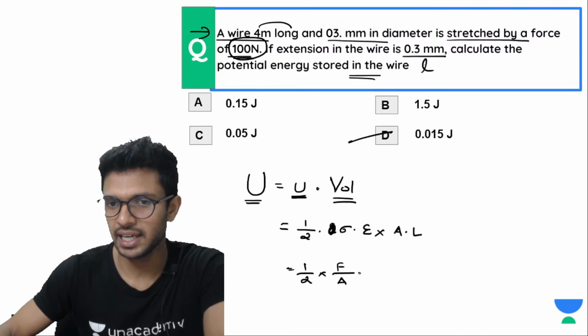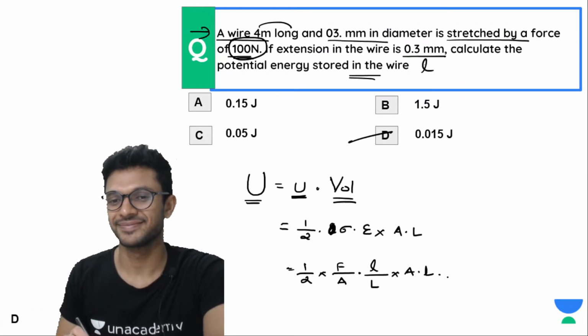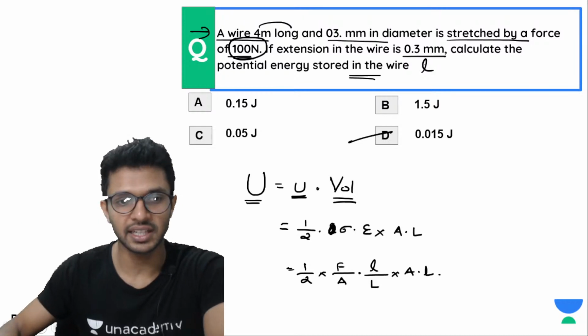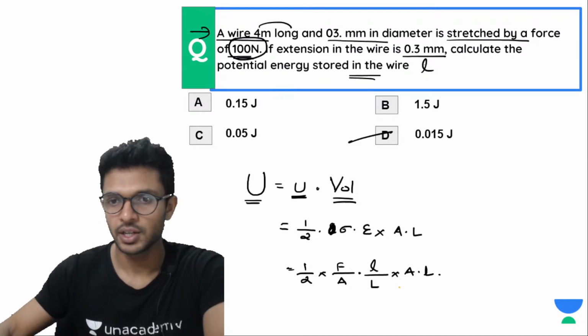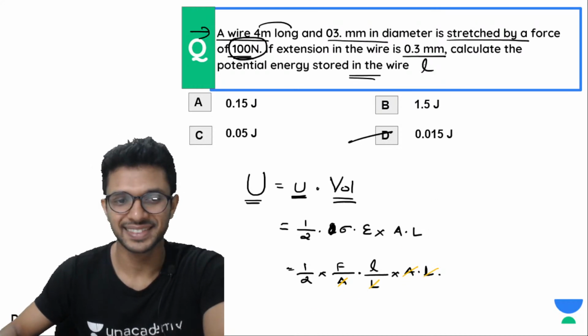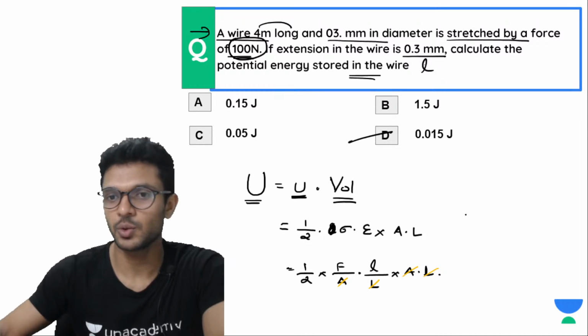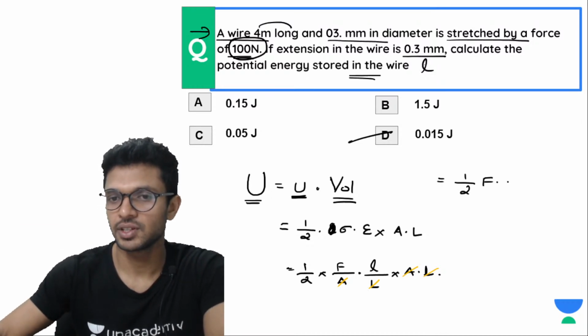Force divided by area. Strain is equal to extension divided by the actual length of the body, into area into length. What is common? Quickly cancel it. What are you all waiting for? So area, area, capital L, capital L. It's cancelled. What is remaining? Now the question became so simple. Half capital F, small l.